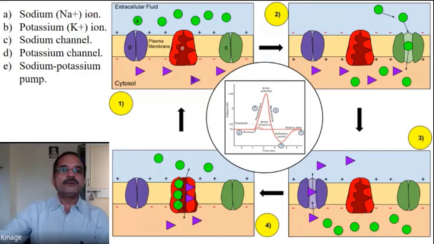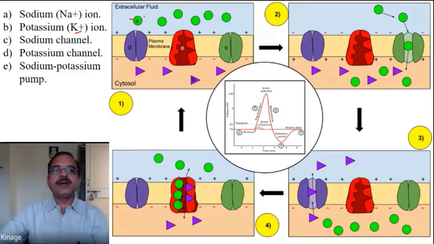We have sodium ions indicated by this green color having positive charge, and the potassium ions indicated by these triangles, which are inside the cell, and the sodium ions are outside the cell. During the resting state, the inside of the cell is at negative potential, indicated by these negative signs, whereas the outer side has positive potential.